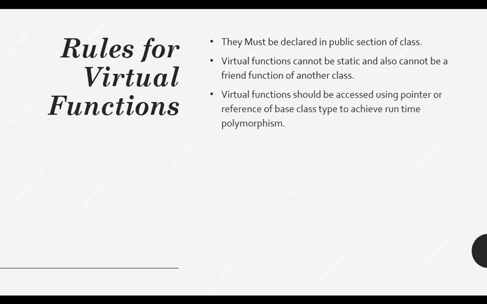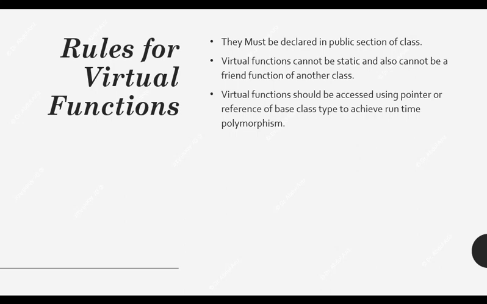These functions are always accessed using the pointer. We cannot use the object for calling these types of functions. There is another rule that the type of the pointer should be of the base class. That point we will discuss further. But remember that this is a mechanism through which the parent can access the child.